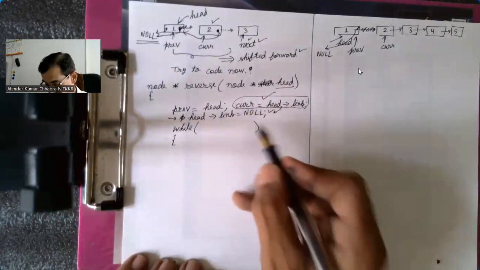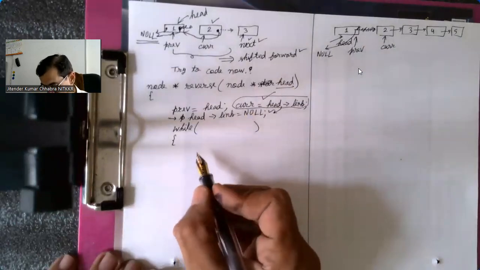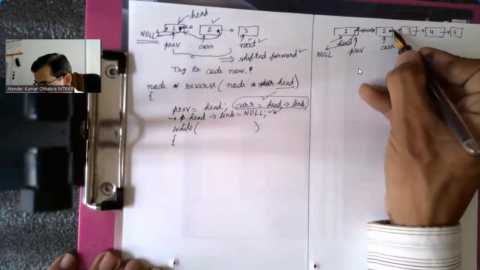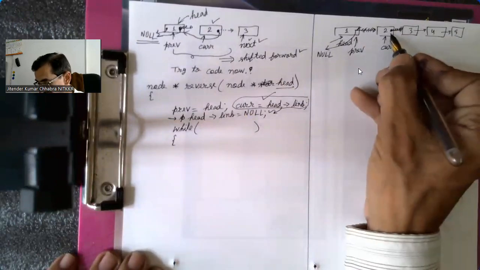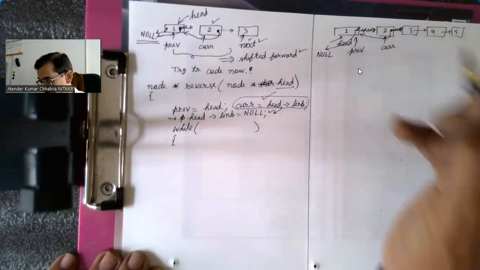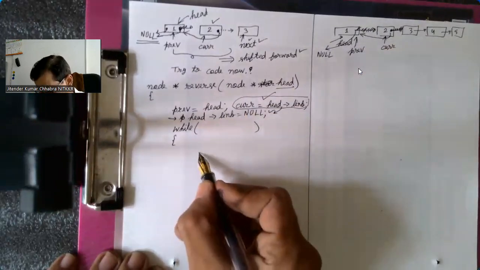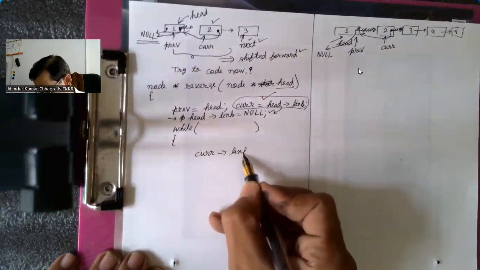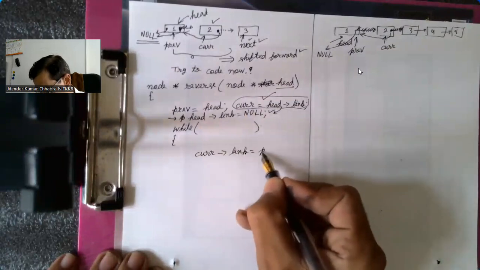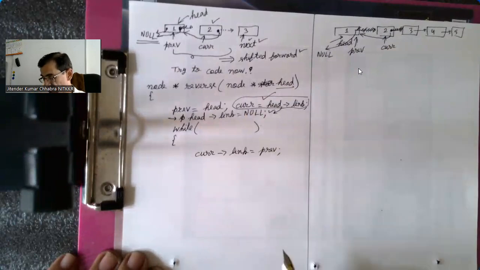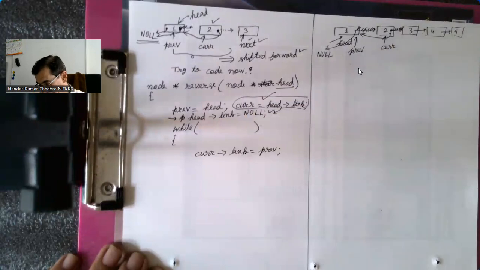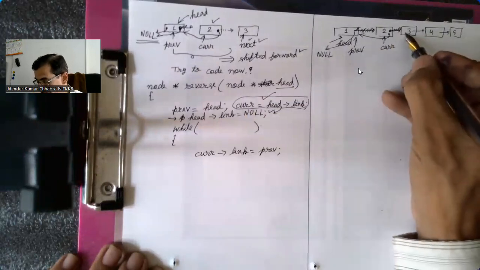So now I need some loop. What I need internally, every time, is effectively to break this and link like this. That effectively means every time I need current arrow link to be equal to previous. But as soon as I change the link, I lose the next node, so I needed a next pointer.